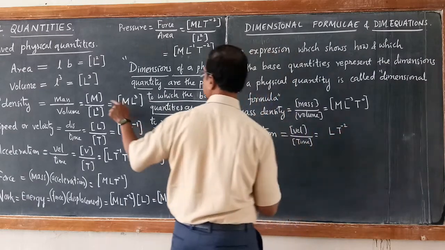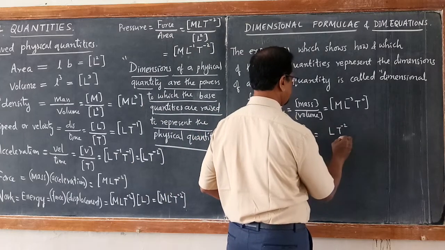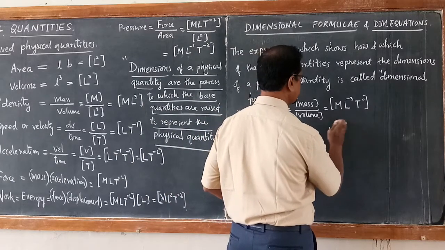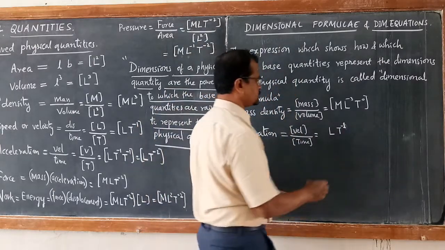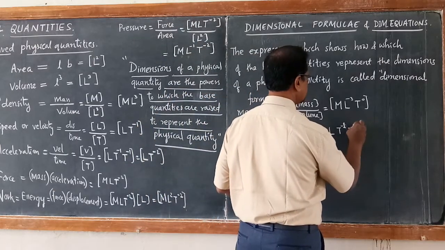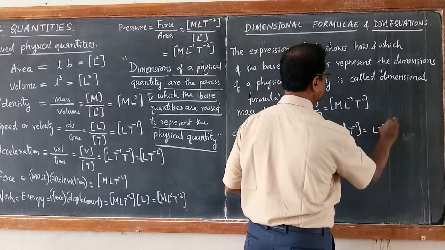Just now we got velocity L T raised to minus 1, and the dimension of time is there in the denominator, so it becomes L T raised to minus 1 again. So it becomes L T raised to minus 2.